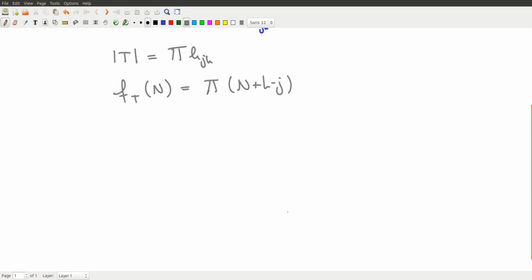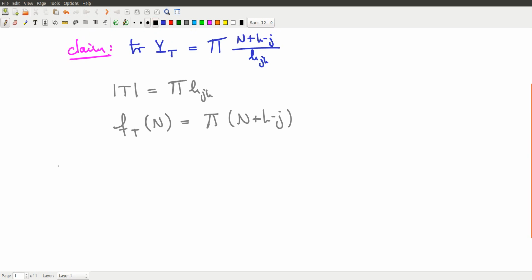The proof will be by induction in the number of boxes.